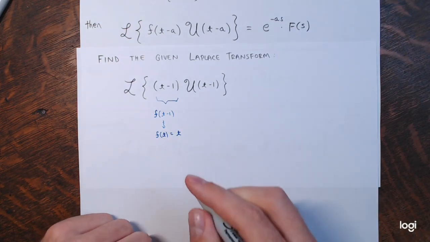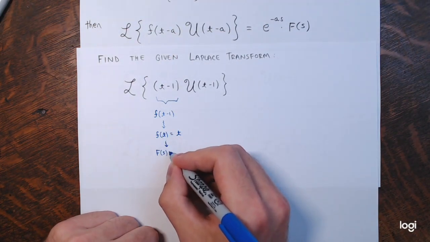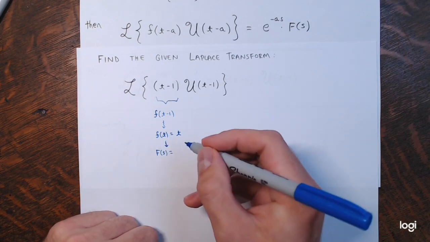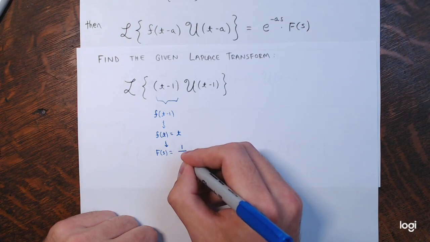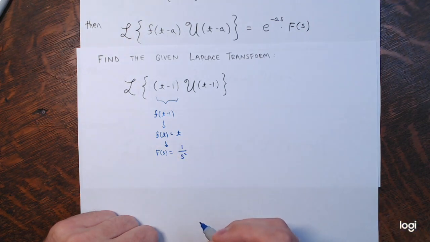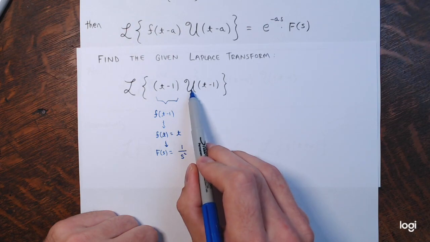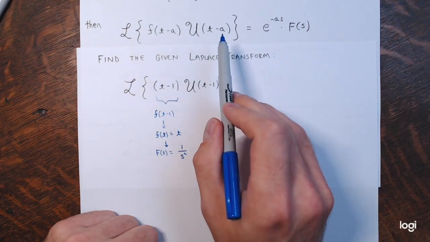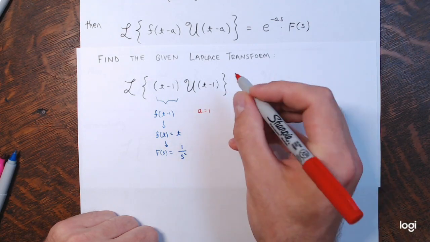Then capital F of s, the Laplace transform of little f, remember the Laplace transform of t was 1 factorial over s to the 1 plus 1, or 1 over s squared. And you see I have f of t minus 1 here, the unit step function at t minus 1 here. It's got all the same features as this expression here, and the value of a is positive 1.